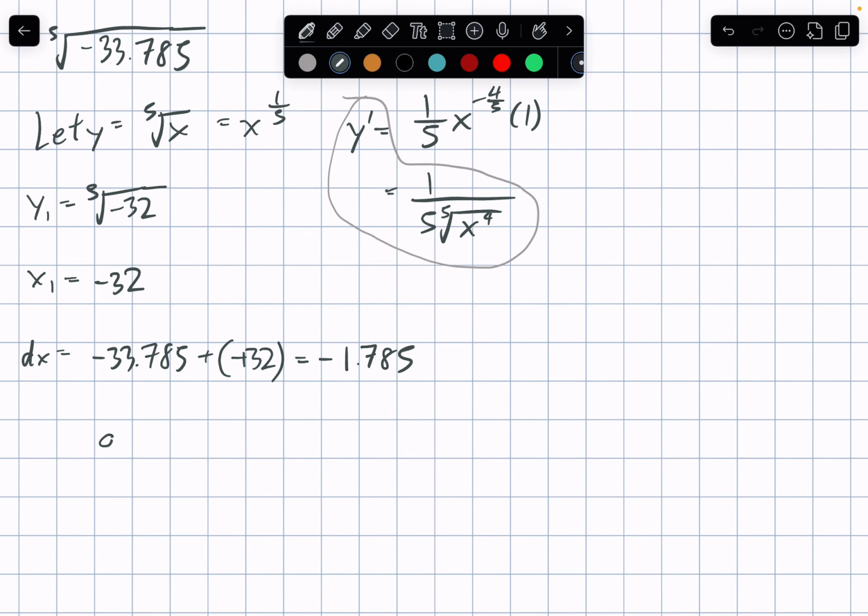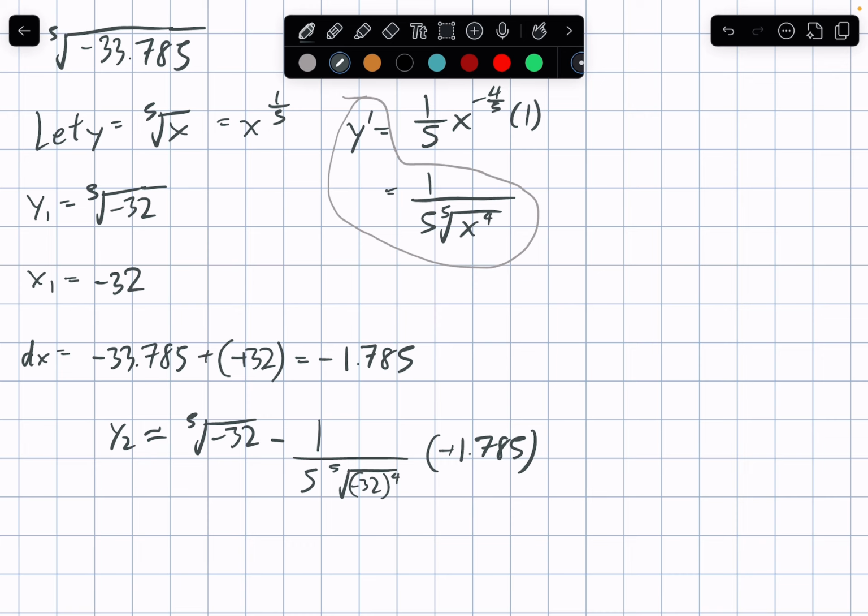So y2 approximately equal to y1 plus derivative times negative 1.785.